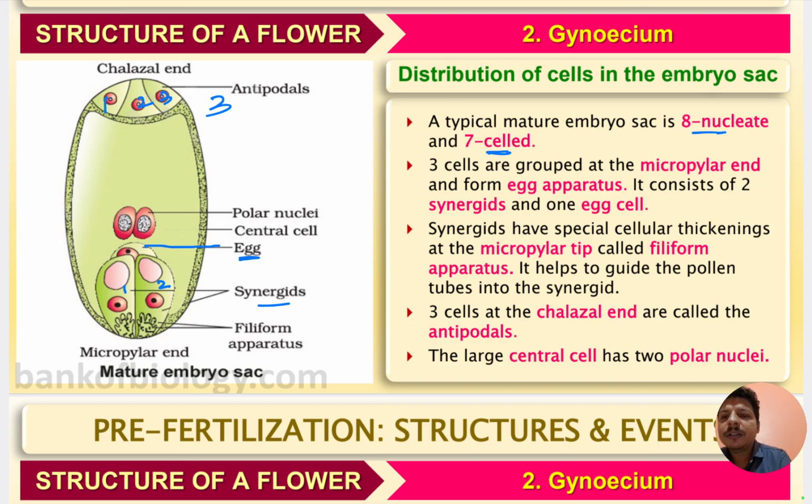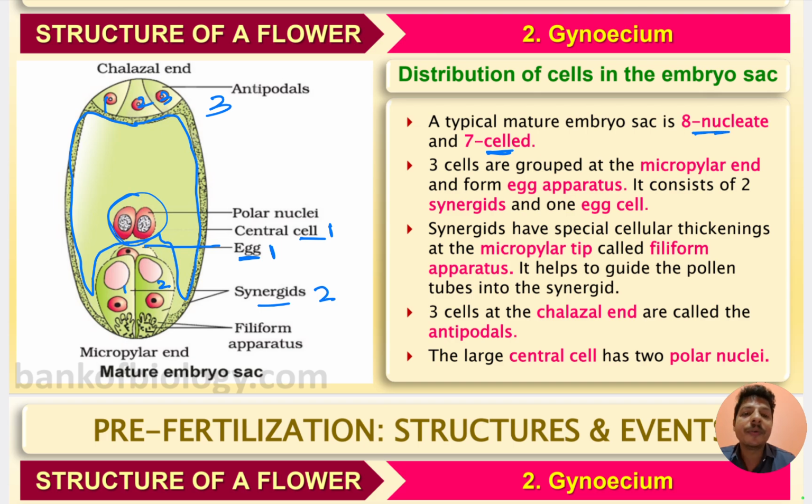That makes 3 and then 6. And here you can see a single large central cell, which has 2 nuclei. So that is 6 plus 1 central cell.